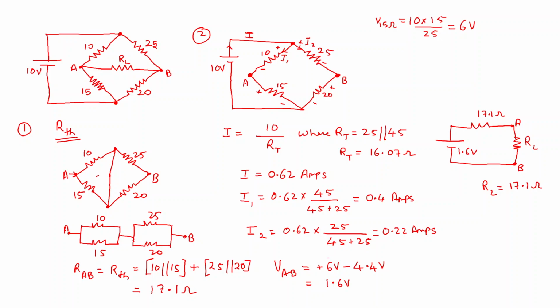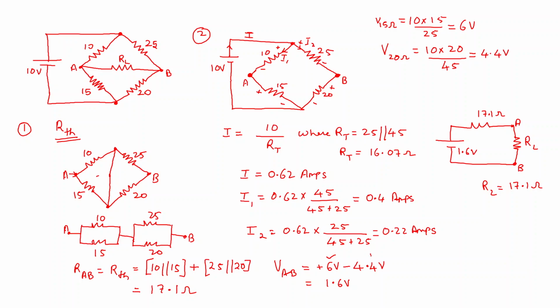So you see here, this 6 volts voltage across this 15 ohm resistor you got even by the voltage division rule. So voltage across 20 ohms is similarly 10 volts into 20 divided by 20 plus 25, that is 45, which will be around 4.4 volts.